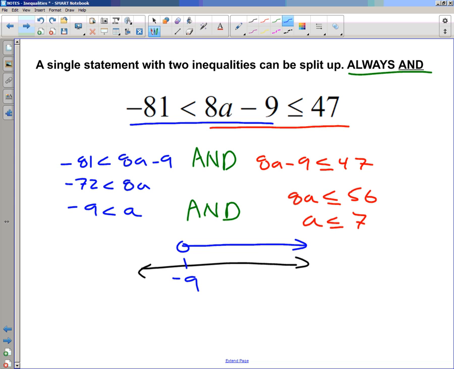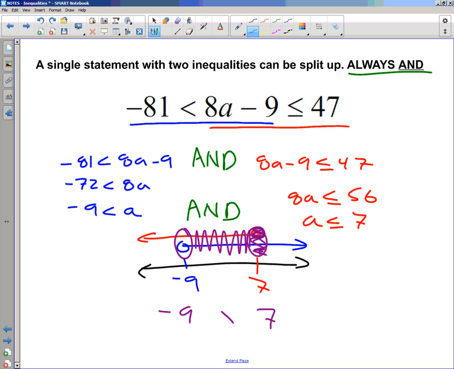But we do want the values that are bigger than negative 9 here. The other one is A less than or equal to 7. Since this is and, we're looking for where these two things overlap. They overlap not at negative 9. They do overlap between negative 9 and 7, and they do overlap at 7. So our final answer is going to be from negative 9 to 7.